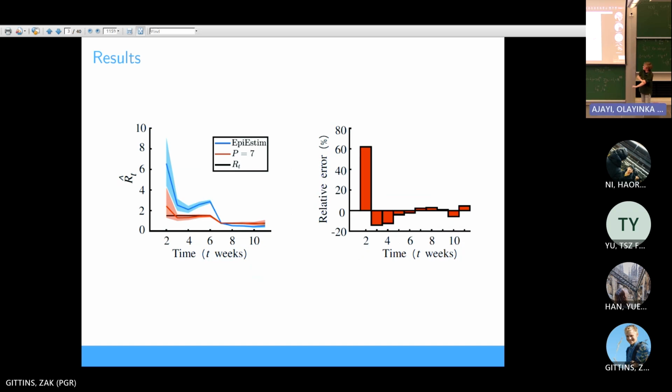And so these are the results. Just looking at p equals 7 versus EpiEstim, just doing what you would normally do, you can see that the orange line, which is part of our method, is closest to the black line, which is what we want. And then this relative error is just, yeah, I'm not sure why I put that up. It's just interesting.